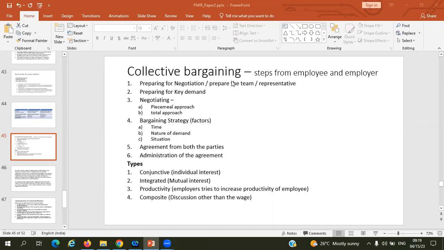The total approach is where overall you are deciding something, the management is saying something and deciding something. That is the overall approach, the total approach. Each approach has different advantages, disadvantages, pros and cons.